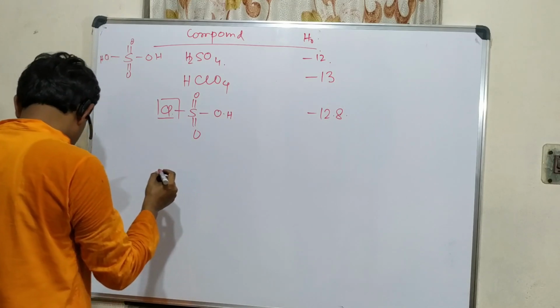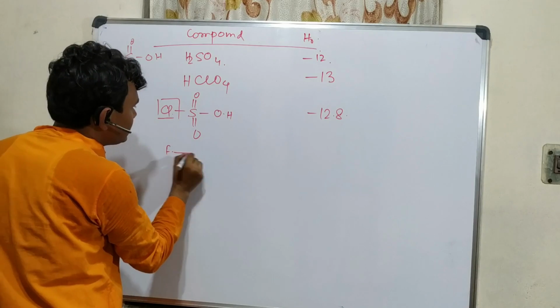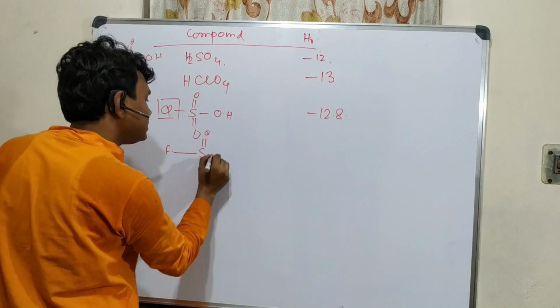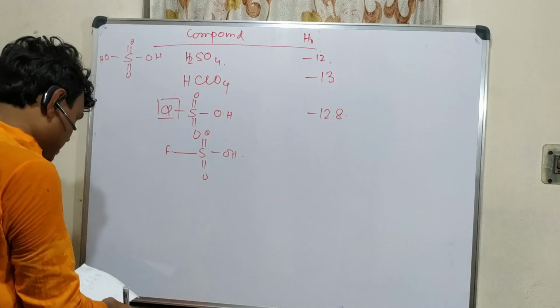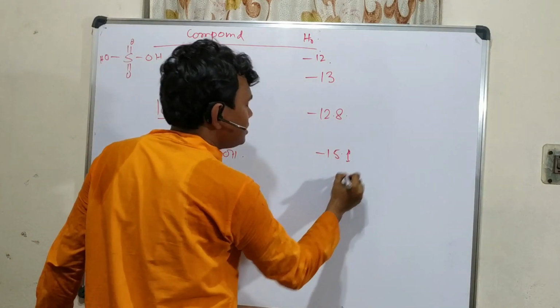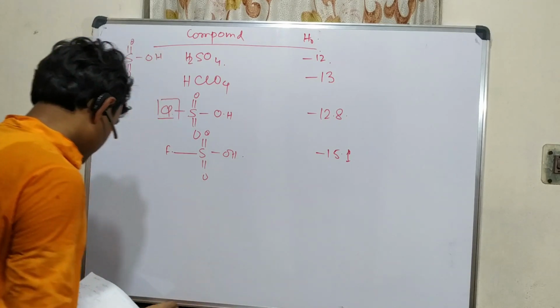The second is fluorosulfonic acid. If the chloride is replaced by fluoride, which is more electronegative, then this is also a superacid, and its H0 value is around -15.1. The majority of the data have been collected from Wikipedia, so you can check there.